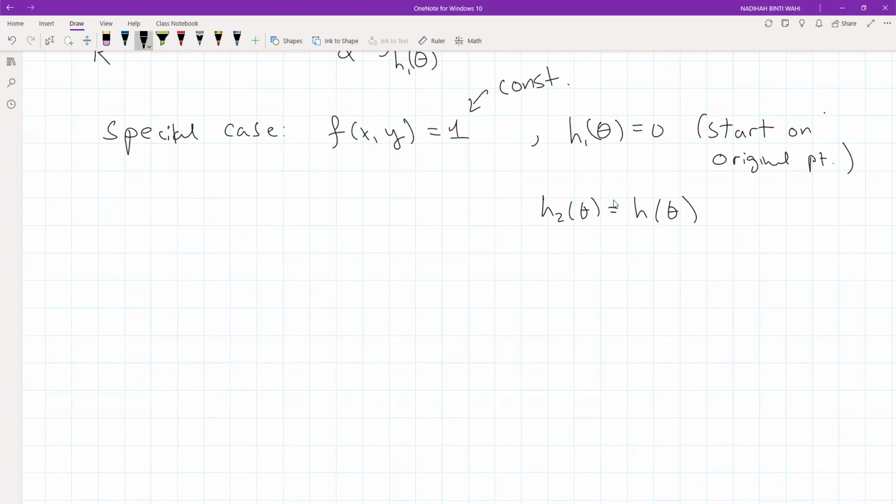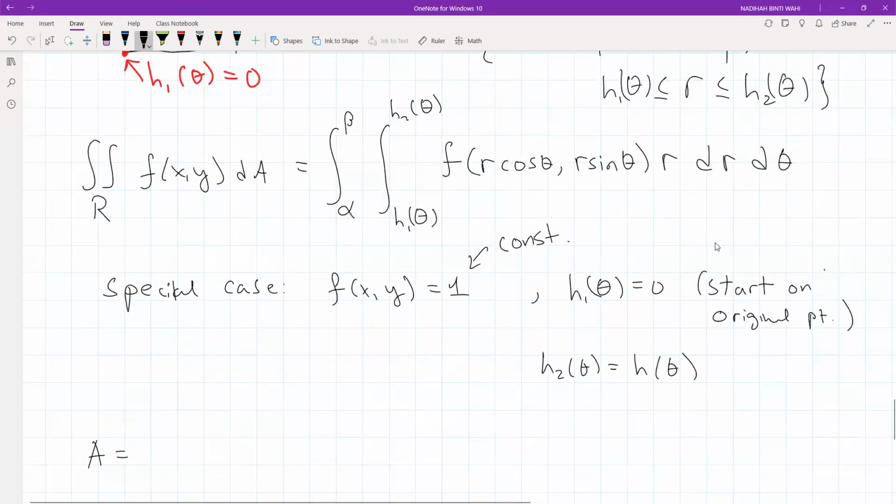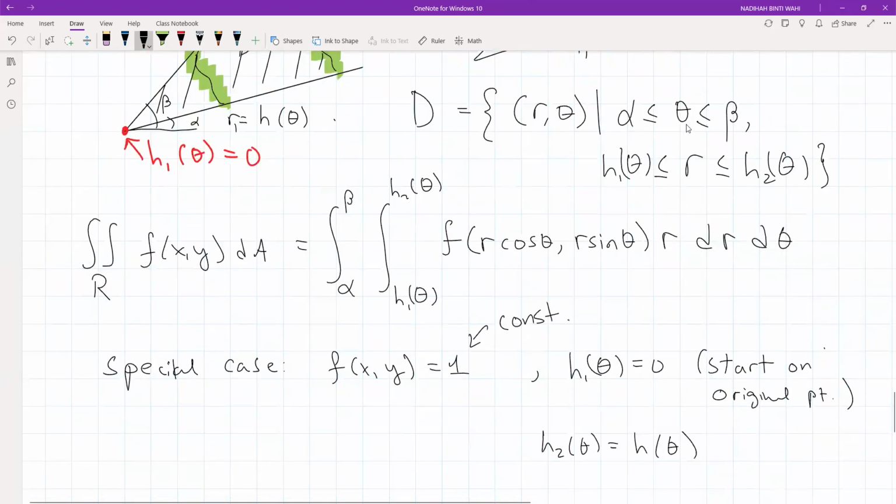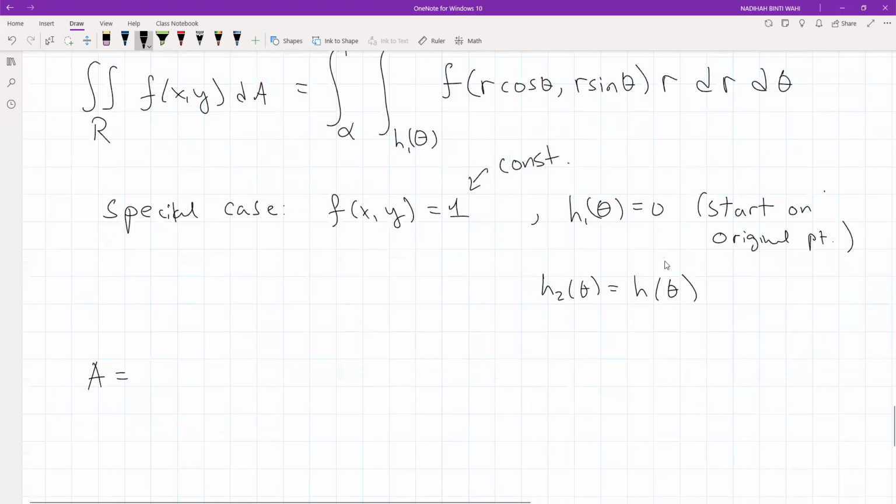Okay, and then kita kata area bounded by theta is just equals beta equals to theta.